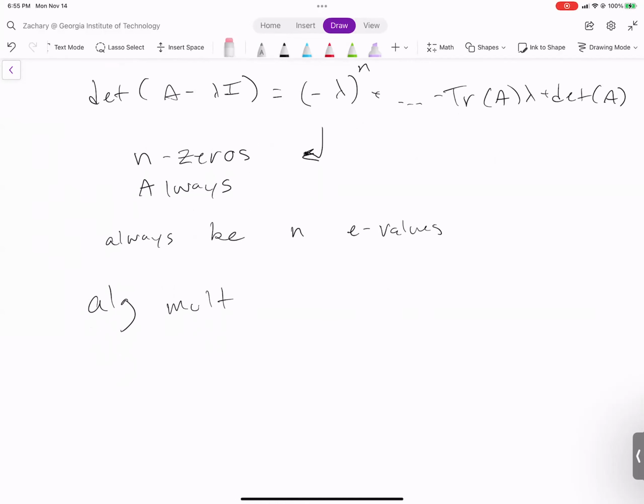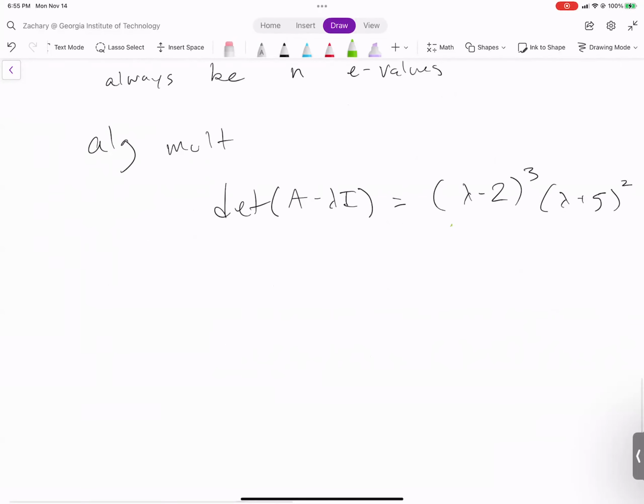We say algebraic multiplicity is like for the determinant of A minus lambda I. An example would be like if we had lambda minus 2 cubed times lambda plus 5 squared, okay? This one corresponds to lambda equals 2, and this one corresponds to lambda equals -5, right?